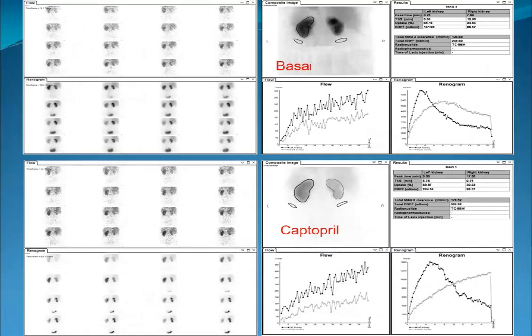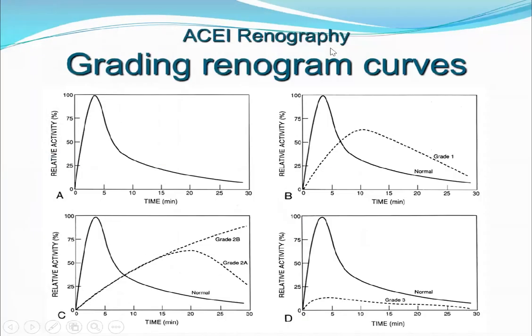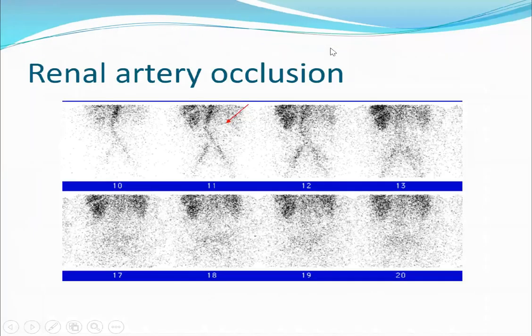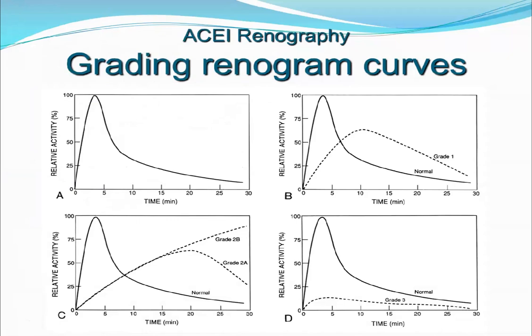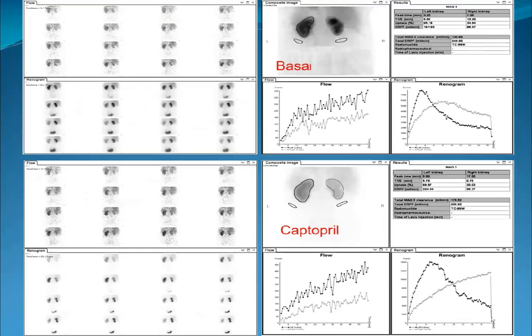Another example, this is the basal one, with mild reduction in perfusion and tracer uptake of the right kidney, with this curve where there is a flat peak with slight descent in the excretion curve.